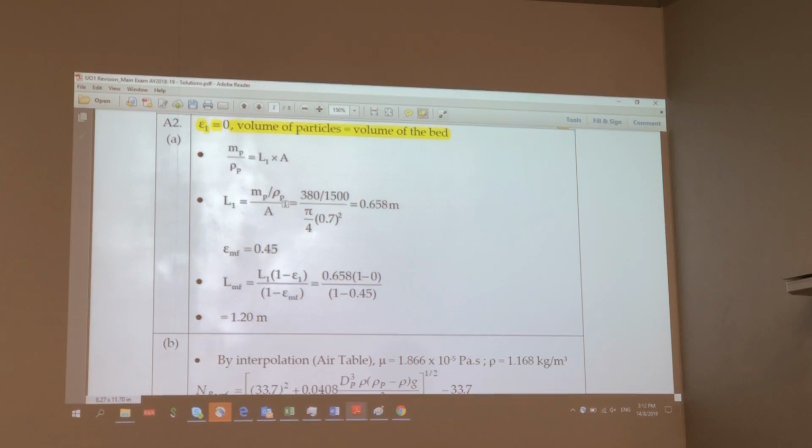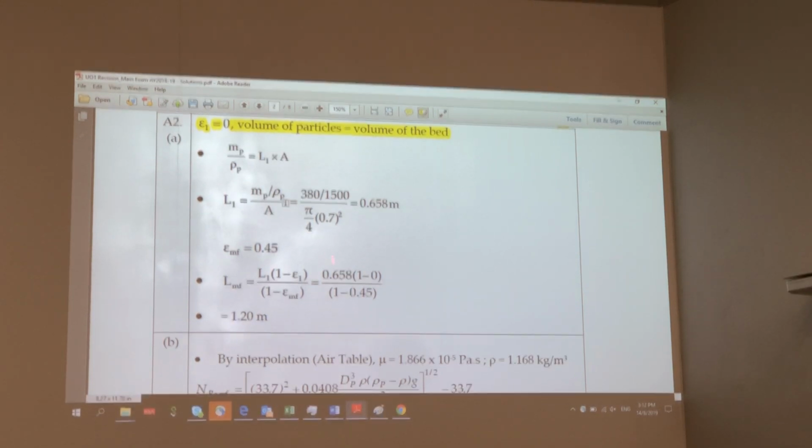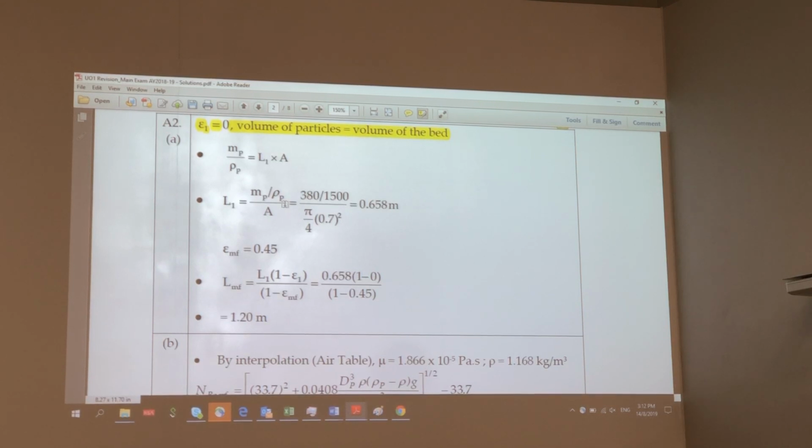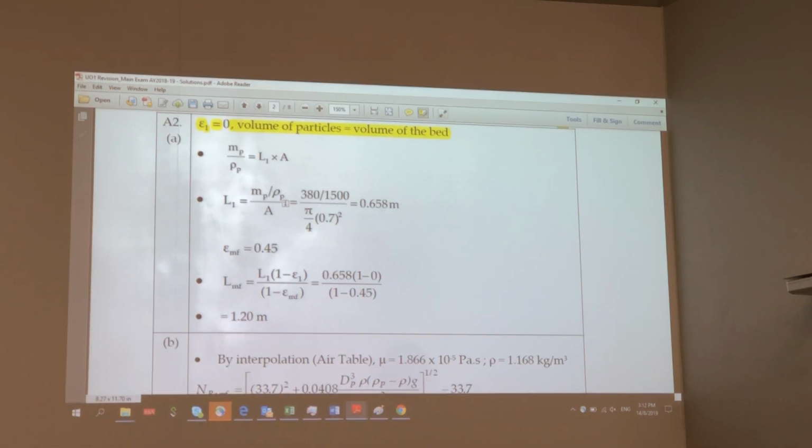So when these two are equal to each other, porosity will be 0. Okay? You will apply this later. See here, you have porosity equal to 0, and the height is this one, right? Otherwise, you cannot find the minimum fluidization height. You need one height, the default height, to find the minimum height. Any questions here? I have highlighted this many times already.